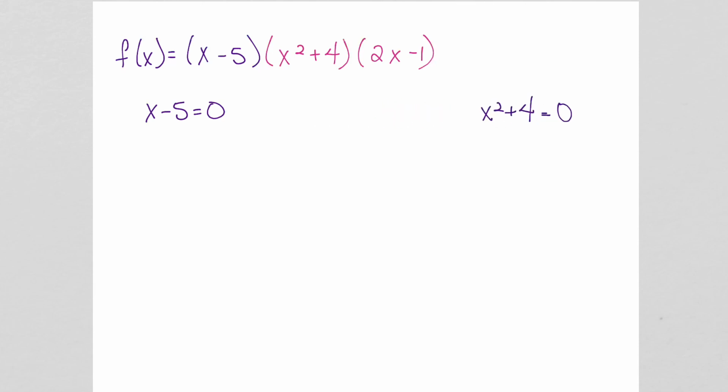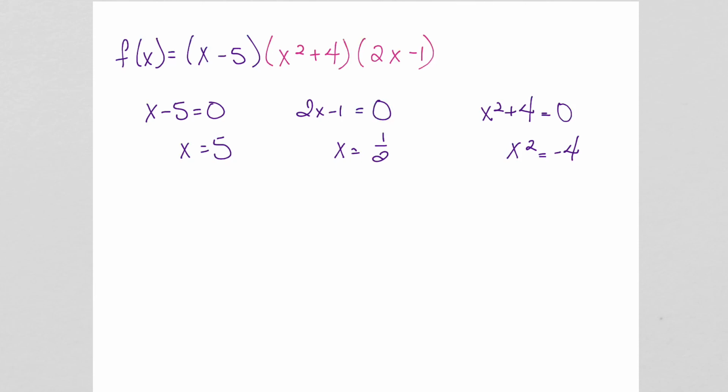We'll move that one over there and do the 2x minus 1 first. Then we've got 5 and 1/2, but here we've got a negative.